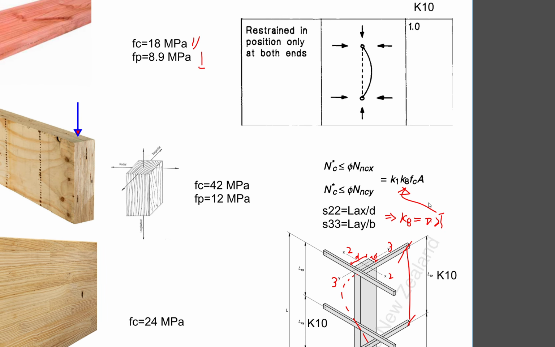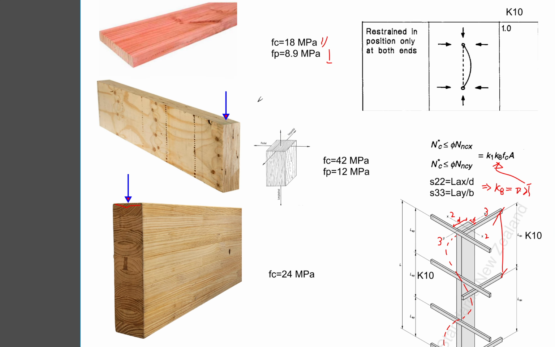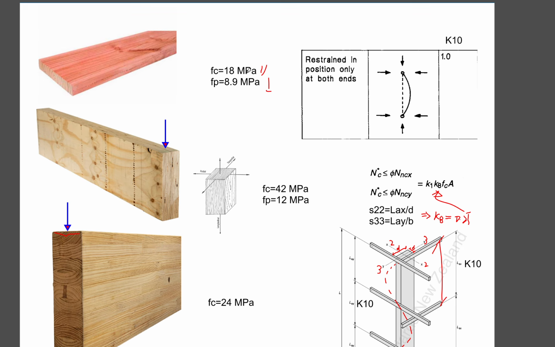Just be aware that your fc is the compression characteristic strength, compression parallel to grain. It's not common to have a column loaded in a perpendicular manner. It's rare, but pay attention to that.